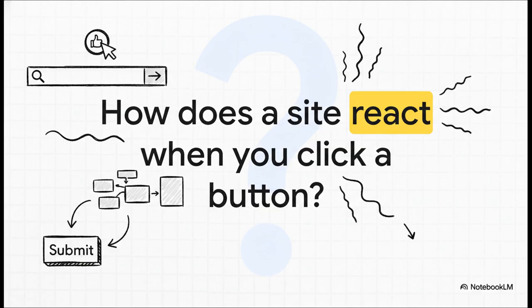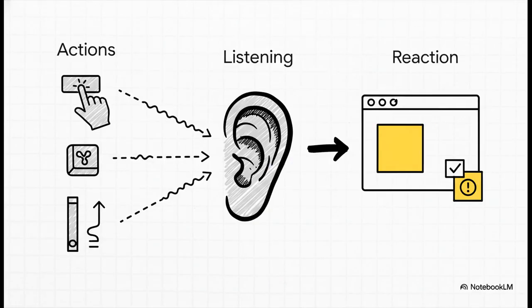The answer is surprisingly simple. Events. That's it. That's the magic. JavaScript is basically just sitting there, listening for these events. A mouse click, a key press, someone scrolling down the page. And we write code that says, hey, JavaScript, when you hear a click event on that button, I want you to run this specific function. That's how we connect what the user does to what our code does.